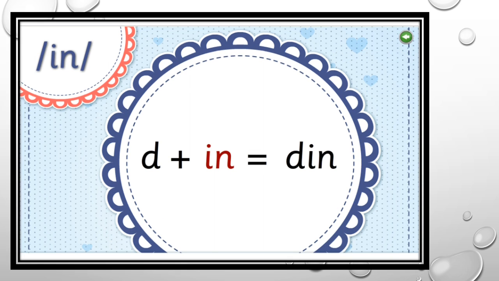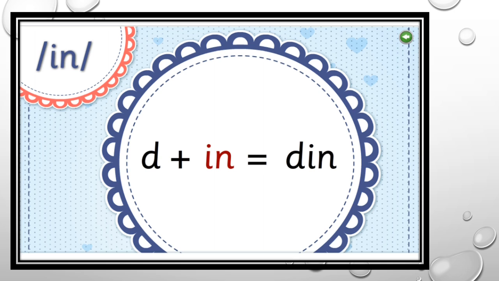Now this is the word. Let's start to read the word because there is no picture, but I will tell you the meaning of this word. First of all, we will try to read the word. The first sound is D. D, in, din.